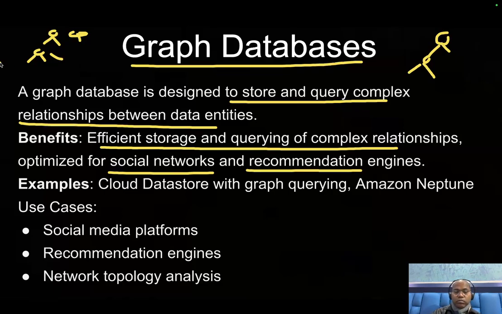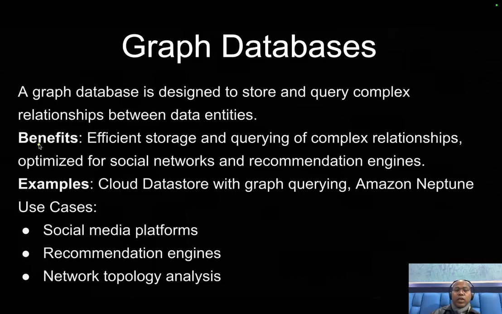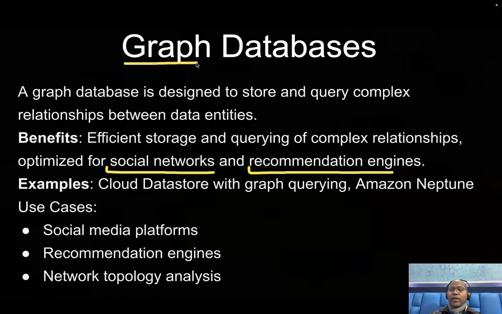Even if you are designing a social networking application or a recommendation engine that can recommend on the basis of user preferences, graph databases help us. And from the Google perspective, GCP offers Cloud Datastore for graph querying.